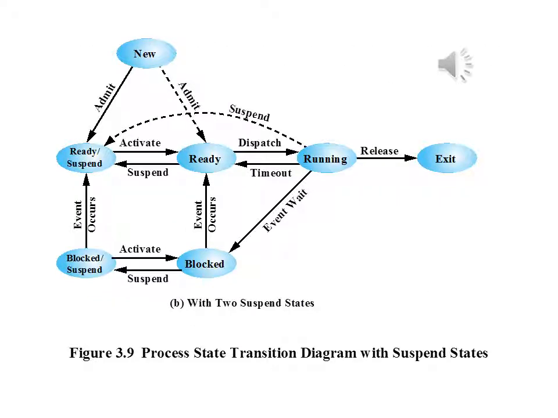Let's take a look now at the state transition model that we have developed. The dashed lines in the figure indicate possible but not necessary transitions. Important new transitions are the following: blocked to blocked suspend.